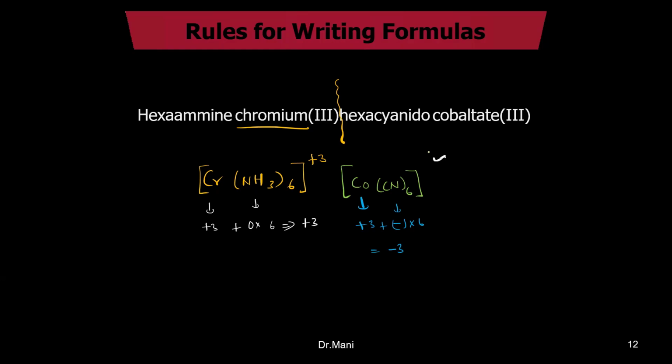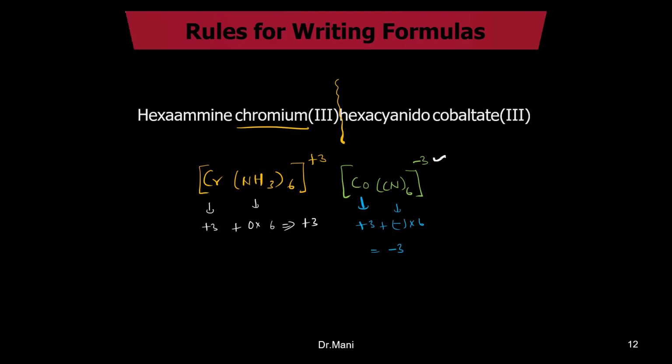Sometimes you will have counter ions, sometimes you will have counter coordination compounds. So it need not always be chlorine or some other ions as counter ions. It could be some other coordination compound also. So in this case, this is the counter coordination compound. Understood? Is that clear?